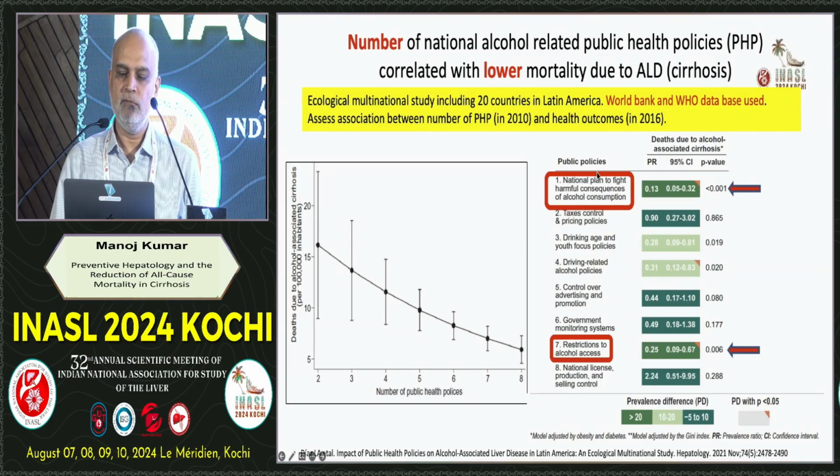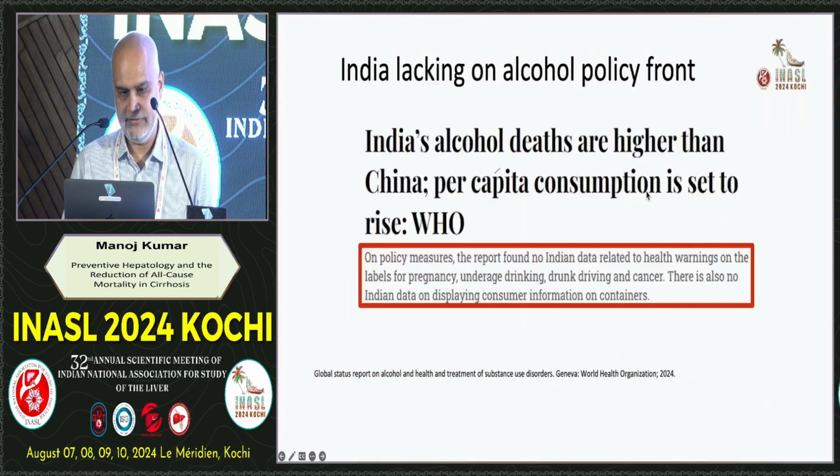The 2 most important policies were a national plan, which is the most important strategy with high predictive value, and restriction of alcohol access. These were the 2 policies with maximum impact on alcohol related mortality in any country.